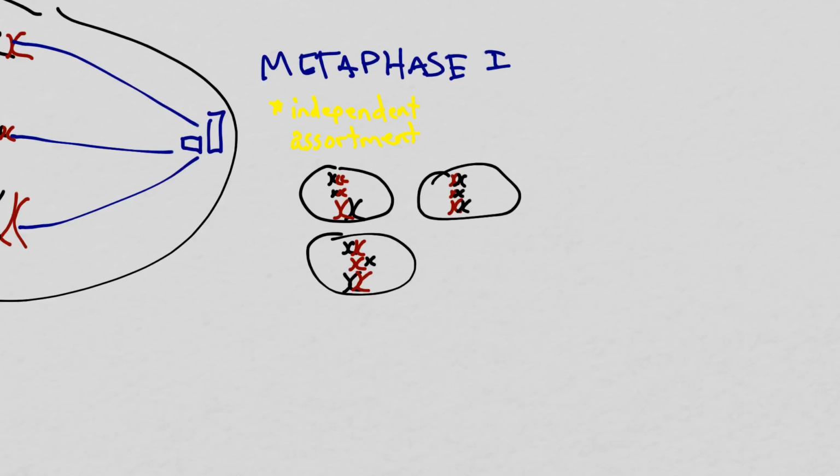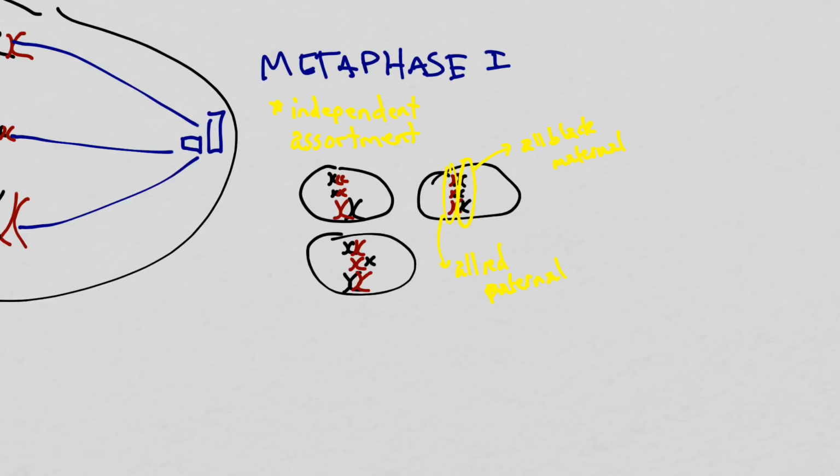How does that work? Well, if this is the egg cell that's made, that egg cell receives all black chromosomes, and in this case the black ones we'll say are the maternal ones, and this egg cell would get all of the red ones, and in this case that means paternal. And so this egg cell would contain all paternal chromosomes, and this egg cell would contain all maternal chromosomes.